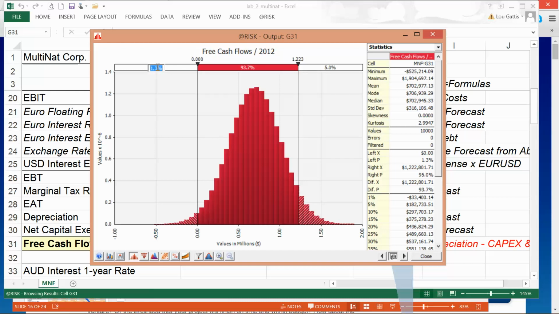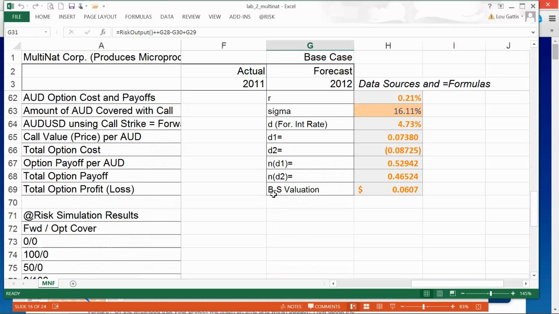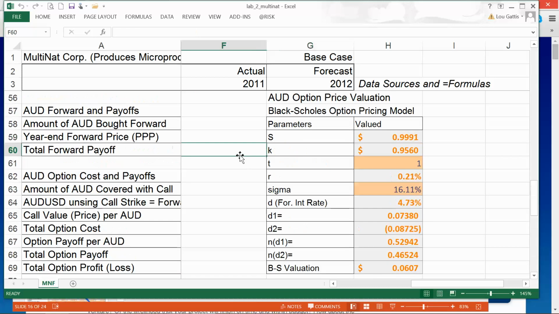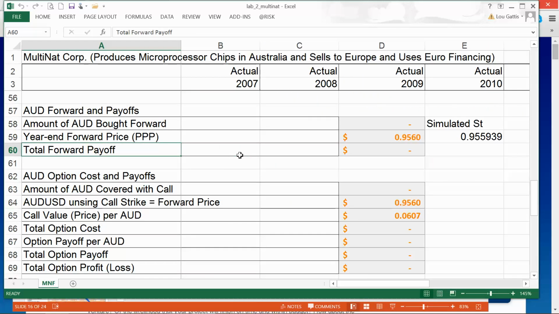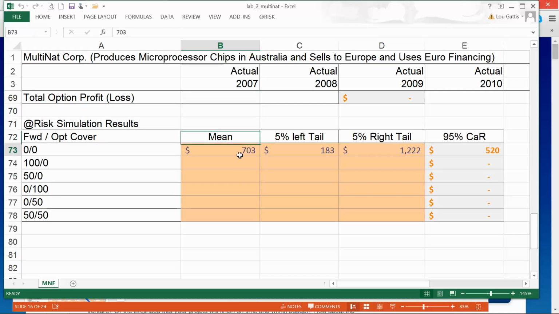I'm going to click back in there for 5%. And it looks like that's 1.223, so I'll make that change. And you're going to get slightly different numbers while running this, because you're getting 10,000 different random numbers than I am. So you're not going to have the exact same value, but it should be really close.